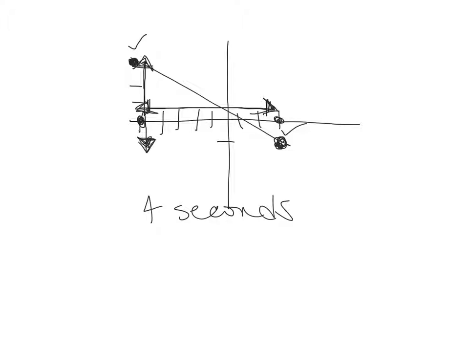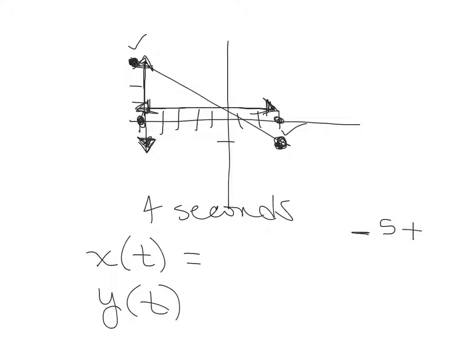So you have to think of each component in terms of time. The horizontal component, which goes across the x-axis, and the vertical component, which goes across the y-axis, each have an equation. If you think about what's happening, this one is changing from the number -5 to 3.